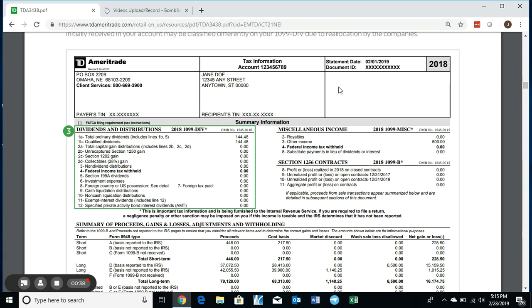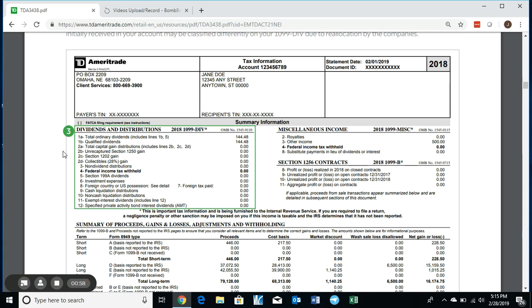on your 1040. Now, we're really going to focus on this section here, which is probably the most relevant section when it comes to investments, which is the 1099-DIV, and this is going to be all your dividends and distributions. We'll start off with line 1A, which is going to refer to the total ordinary dividends.